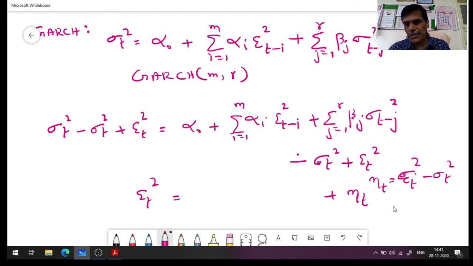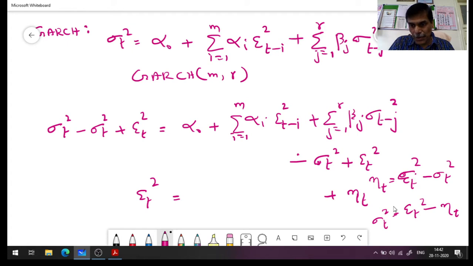So now if I write sigma t square in terms of these two, it will be epsilon t square minus eta t. This will be sigma t square. So I'm going to do that substitution over here. This is like the original variable and this is kind of the innovations.